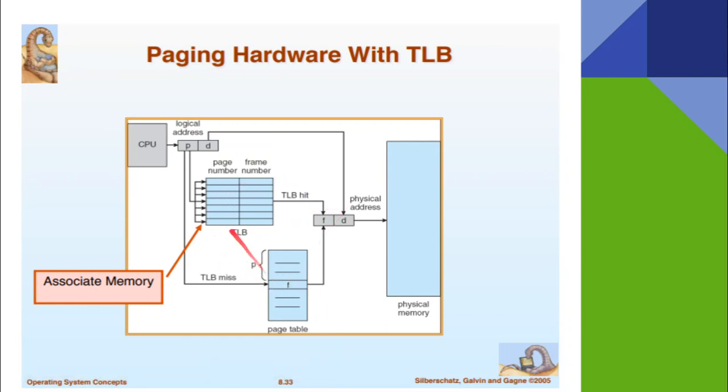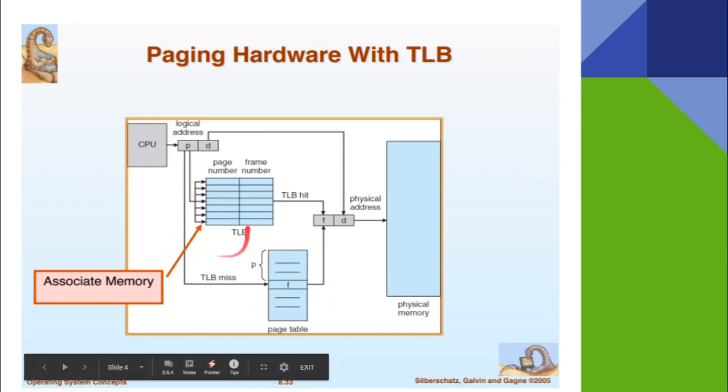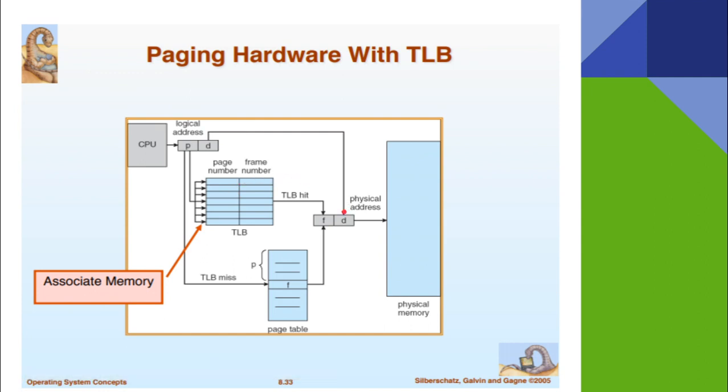So this is a two-way thing: one is a hit, the other is a miss. On a miss you have to bring the data, and if it is a hit, the data is available and it can be directly mapped to the frame.